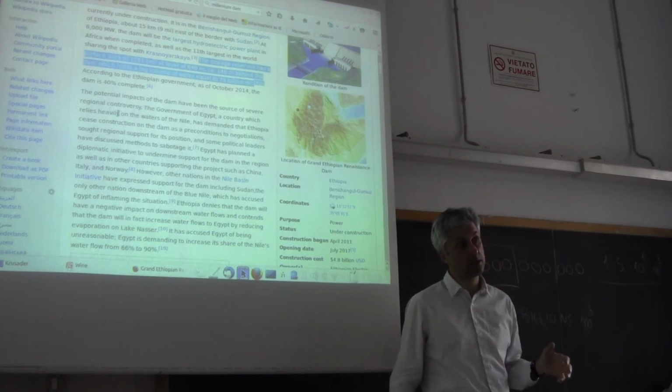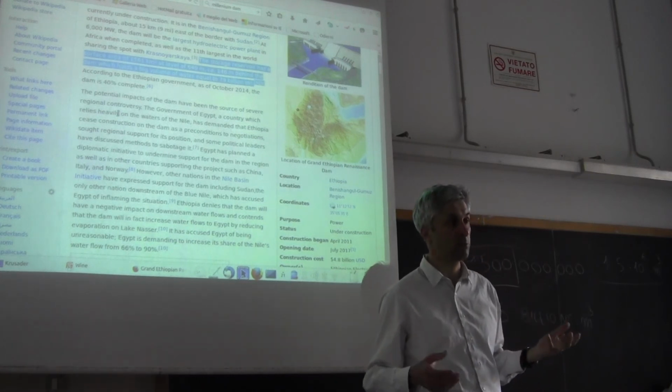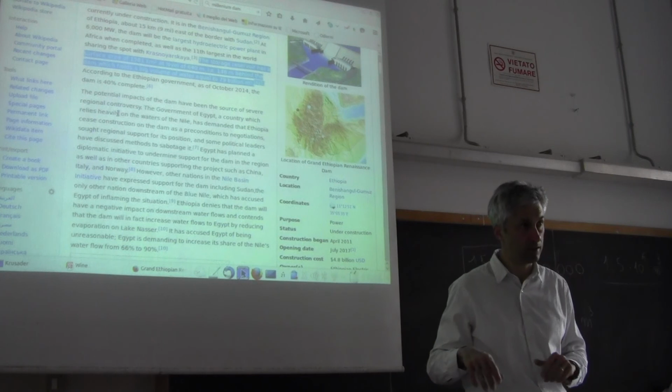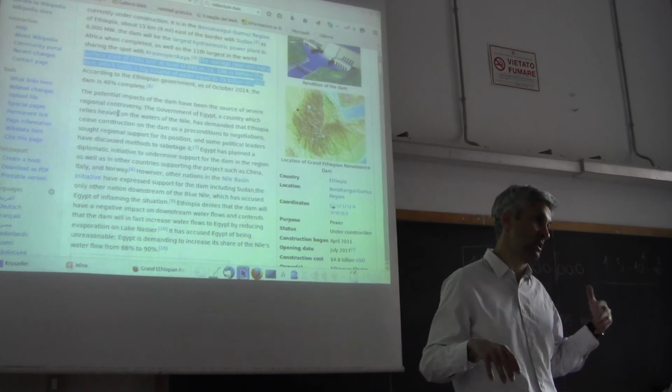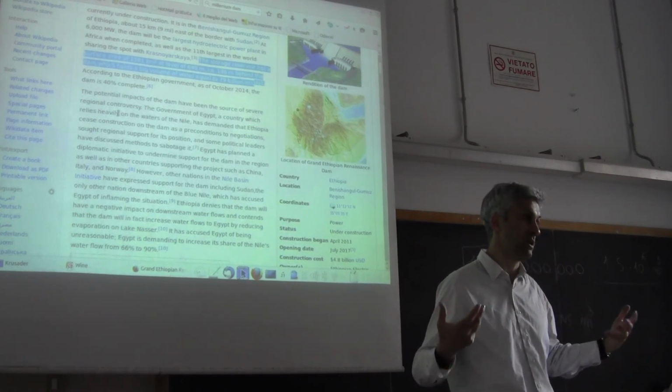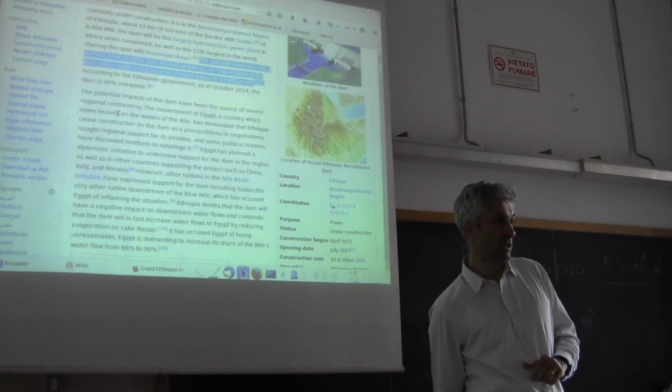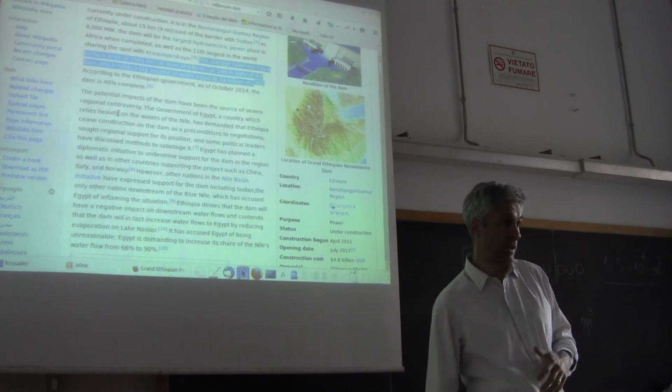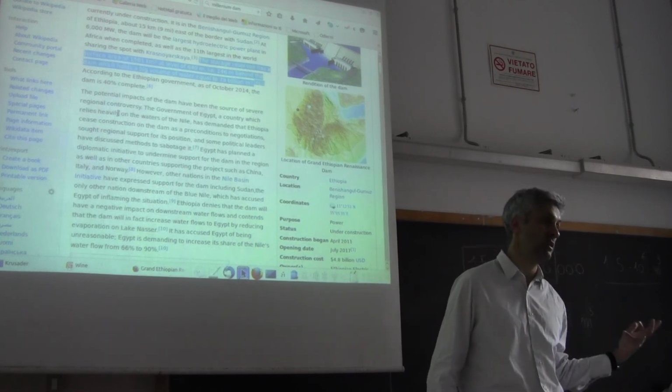The international experts were asked to provide an independent assessment and to act as mediators in this decision-making process. And of course, this led to signing a treaty.